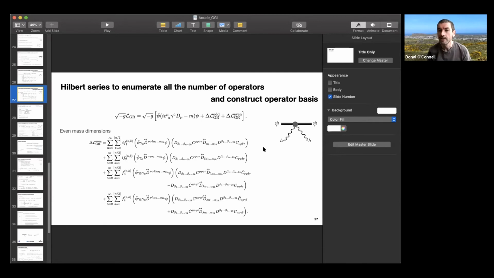I guess Ira talked about this, but I suppose you could use those methods to obtain the quantum contribution to these tidal deformabilities for, say, a Schwarzschild black hole. Maybe they've already done it.